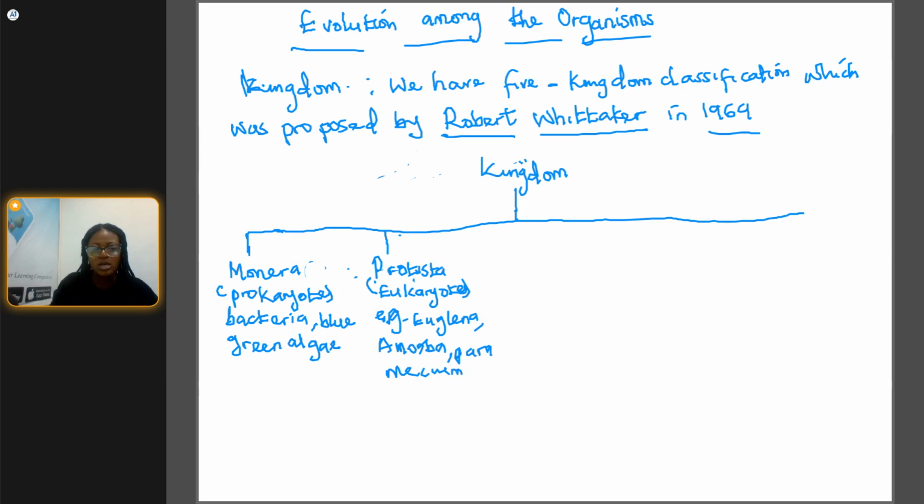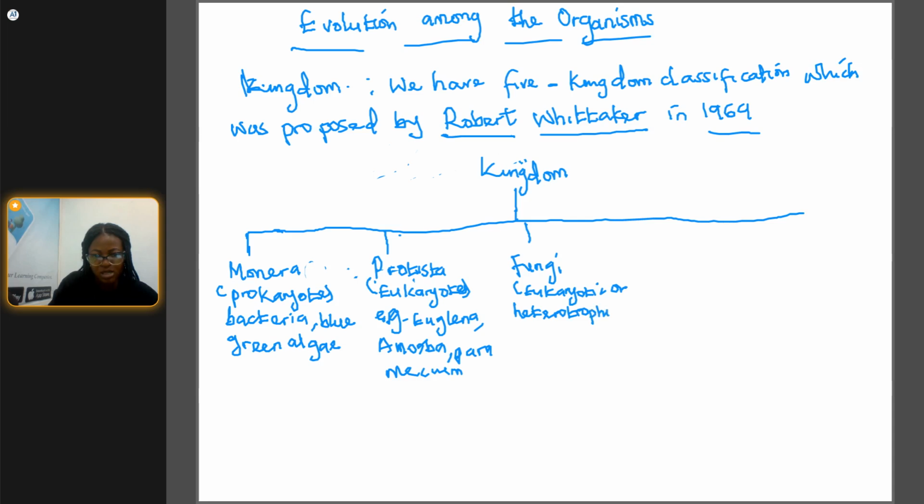Okay, so we move to the next kingdom, which is kingdom Fungi. You see, this kingdom Fungi, they are eukaryotic. They can be eukaryotic or heterotrophic organisms.